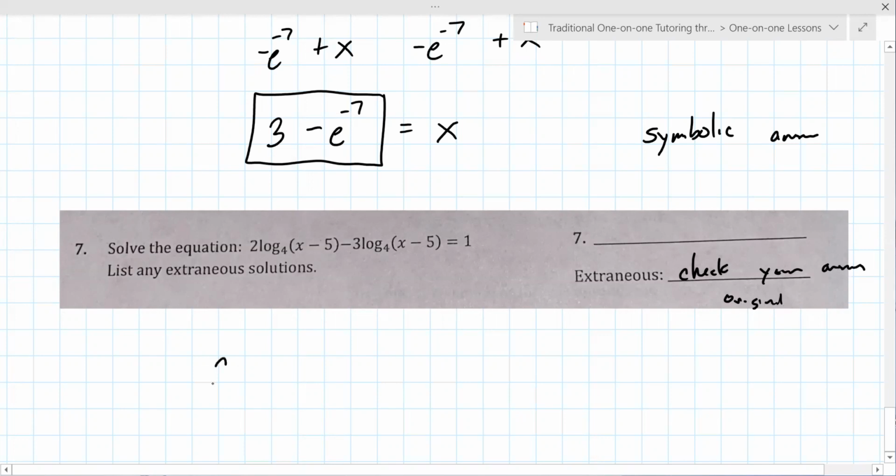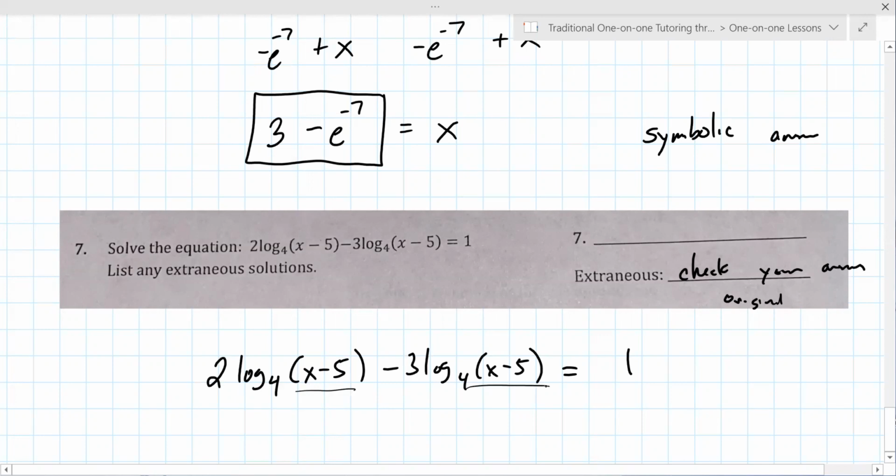So you have 2 log base 4 of x minus 5 minus 3 log base 4 of x minus 5 equals 1. This one's a little bit unusual in that these are the same. Because this is essentially like 2y minus 3y, where y is all of this.